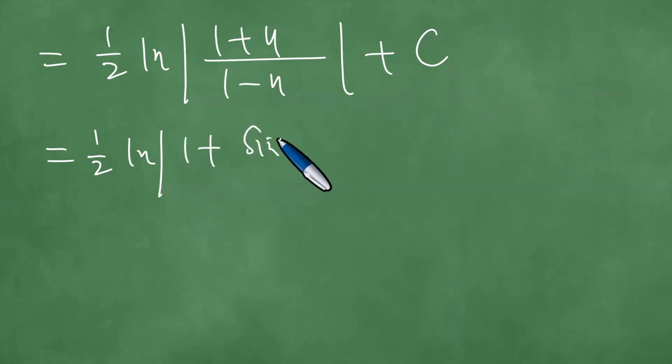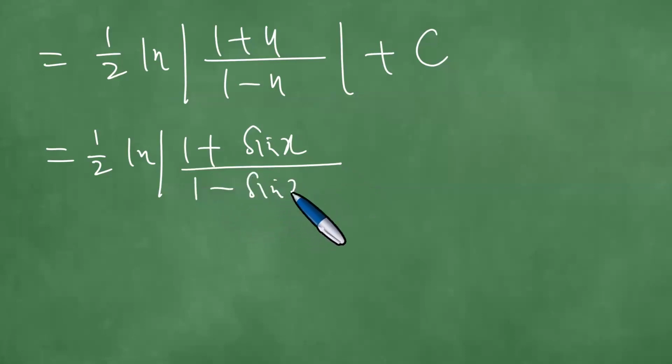It is exactly sine x divided by 1 minus sine x plus c, the arbitrary constant of integration. So we remember that u is the sine of x. There are a couple of things that remain very important. So we're able to say thus.